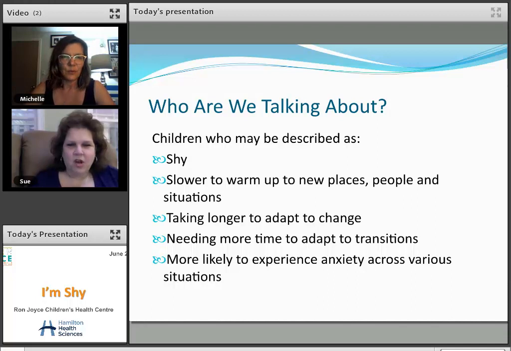So, who are we talking about when we're thinking about dealing with shy children, and children who may be described as shy, slower to warm up in new places, people and situations, taking longer to adapt to change?